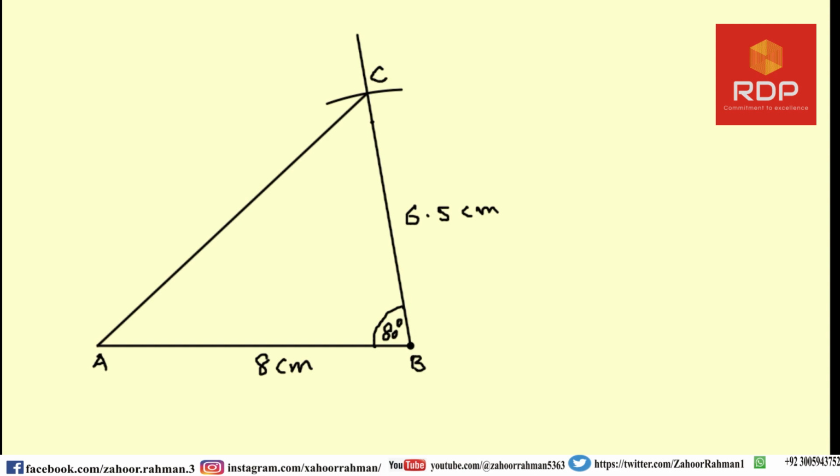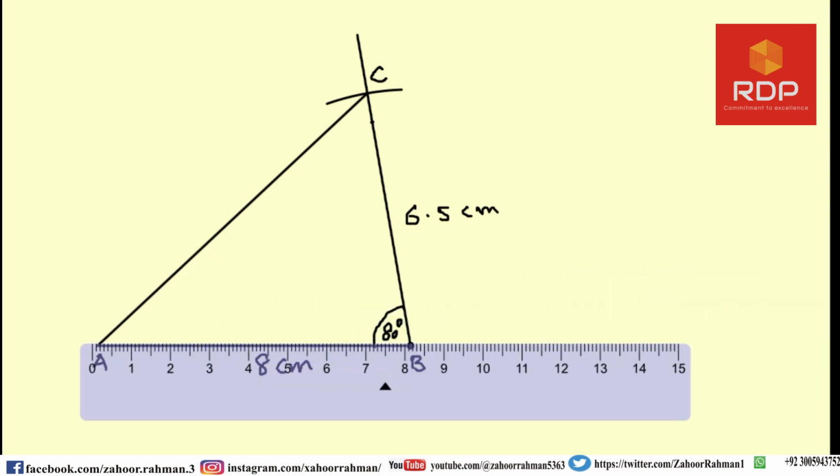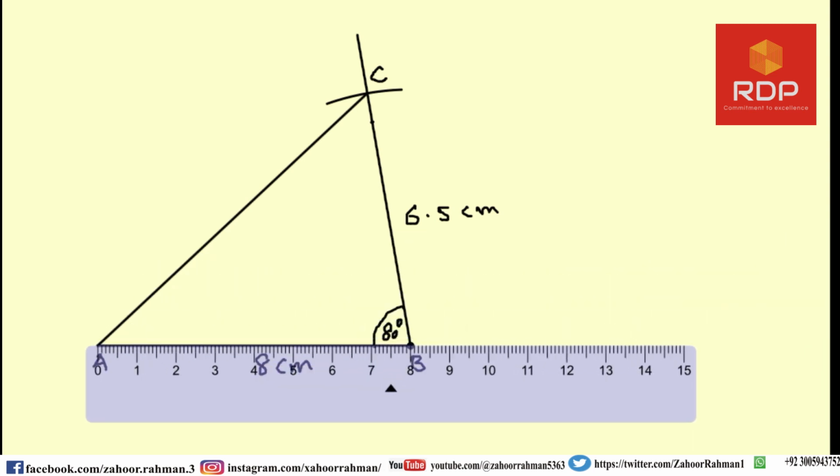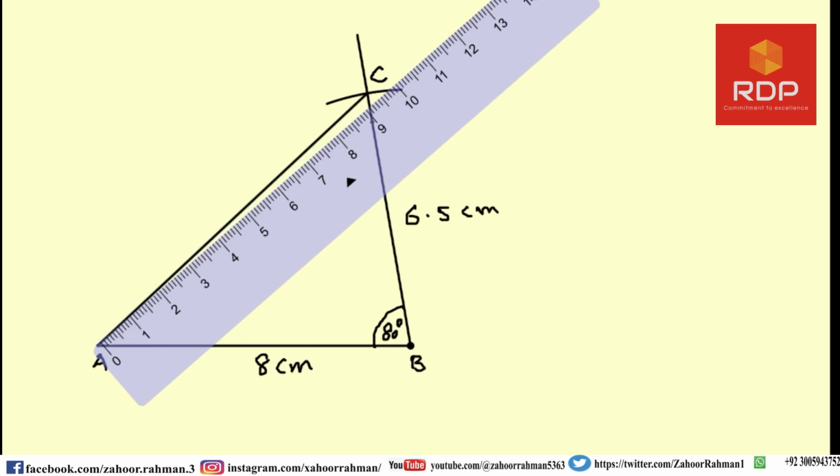The question is saying to measure and write down the length of AC. For that I will need this ruler, and then I have to measure it here. I have to be very precise.